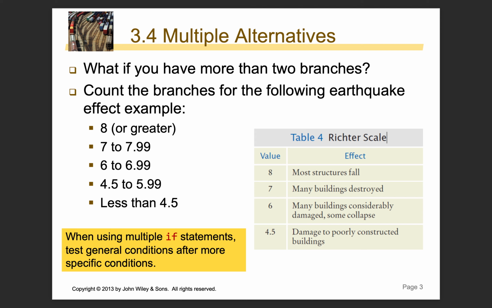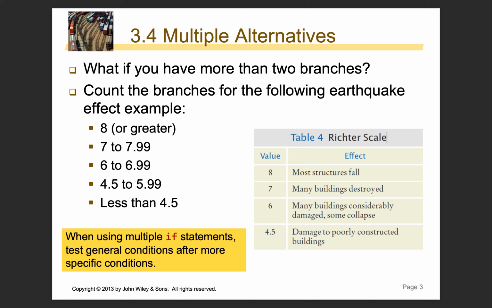Okay, so multiple alternatives. This is the idea of multi-branching. What if you have more than two branches? What happens if what you're considering isn't just if-else? There are actually lots of different things to consider. So let's look at this Richter scale and consider how many branches we're going to need. We need a branch for if our value is 8 or greater.